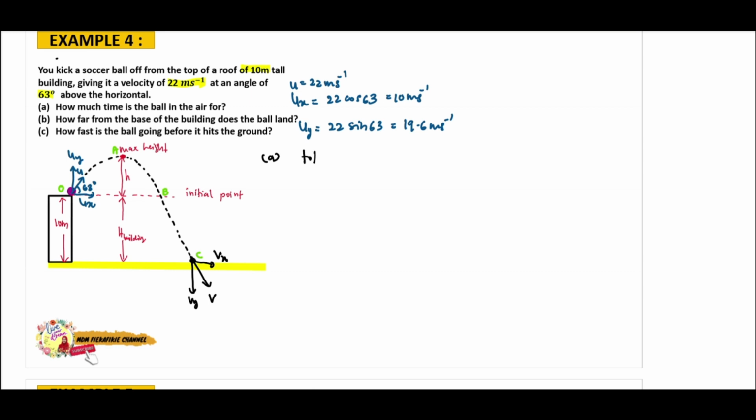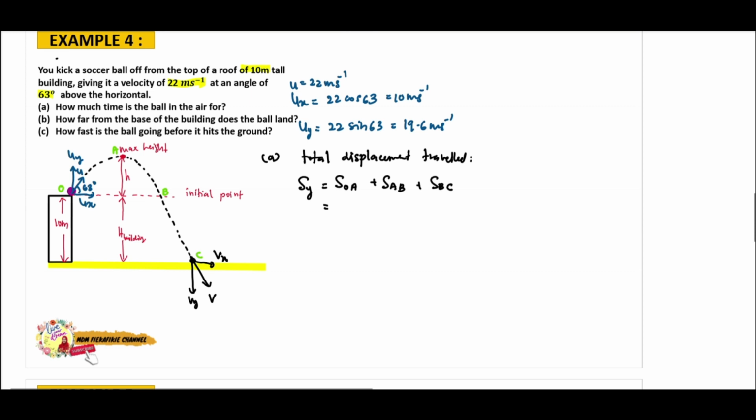So, saya nak kira dulu total displacement travel by the ball. So, saya akan letak SY. So, maknanya dia daripada O pergi ke A, reach the maximum height. Plus from A pergi ke B, plus from B to C. Okay. Now, look at this diagram. Okay. Sekejap ya.